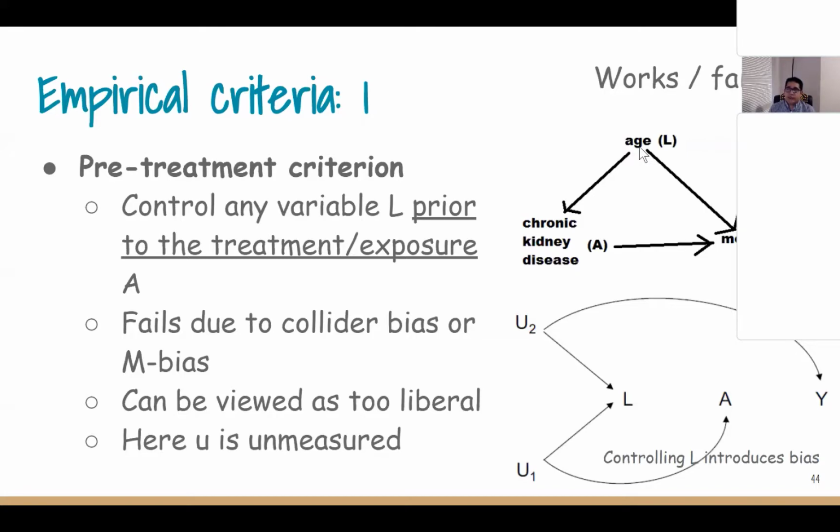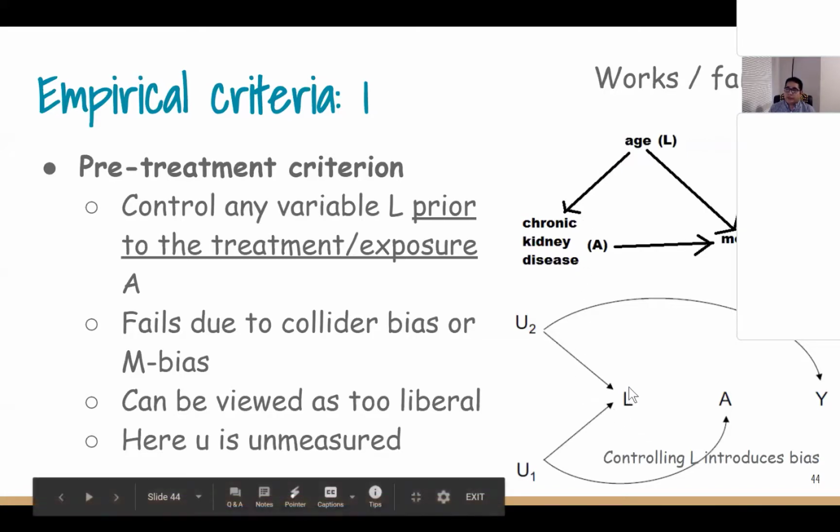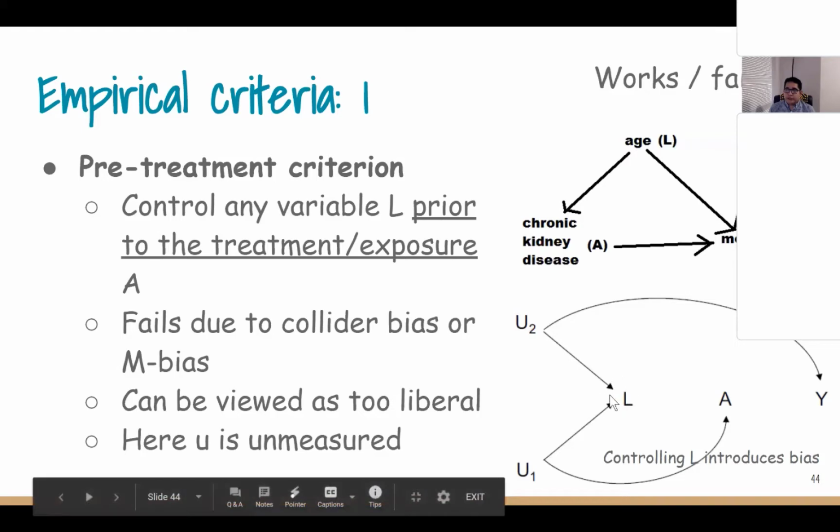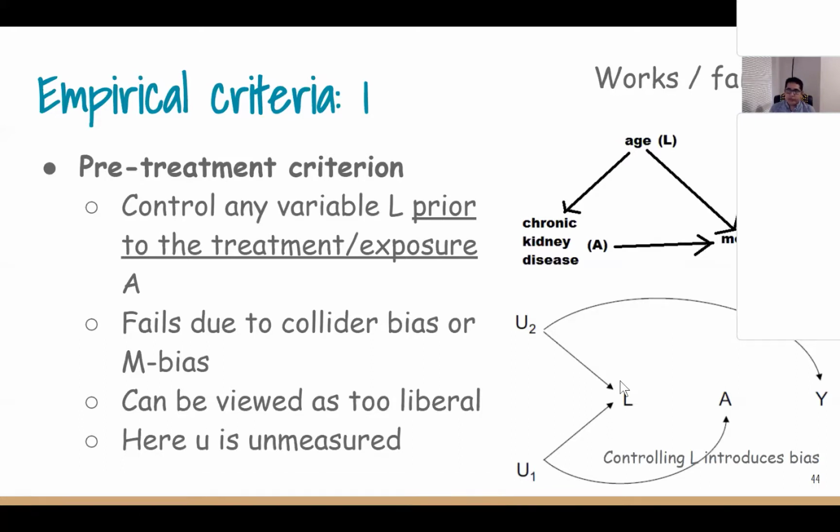But things can get problematic in the sense that sometimes you have a pre-treatment variable which is impacted by two other variables. So in the language of the DAG, this variable that you have here, L, is an effect variable from two other variables. So in that case, when you have a collider variable, which I describe in detail in one of the videos about DAG, do not adjust for that collider variable, right?